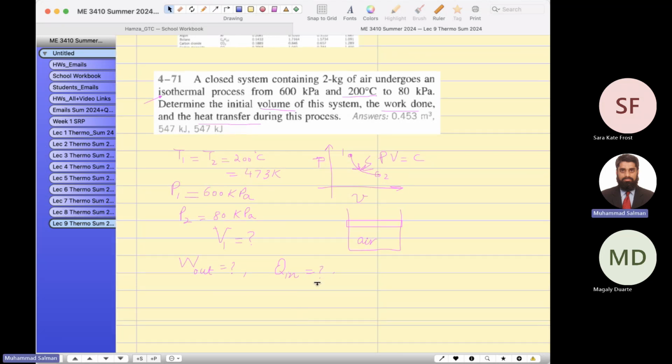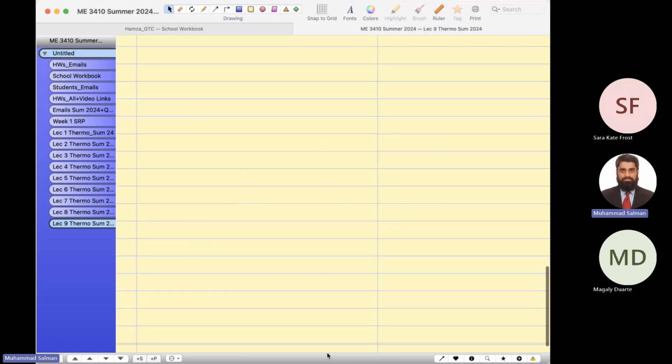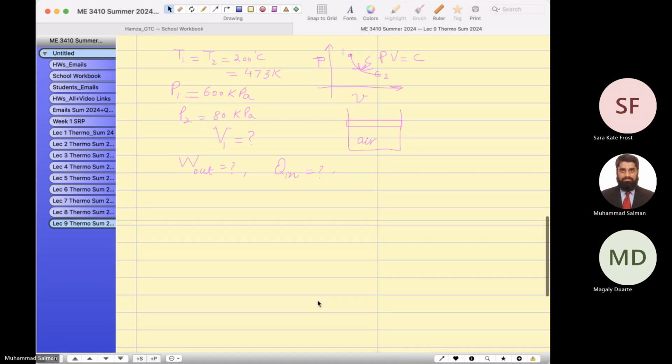Now, according to the first law of thermodynamics, energy going into the system minus energy leaving the system equals delta E. This is a closed system, so it is delta U. Delta U, as you know, is Cv delta T. Now you tell me, what is delta T in this case?